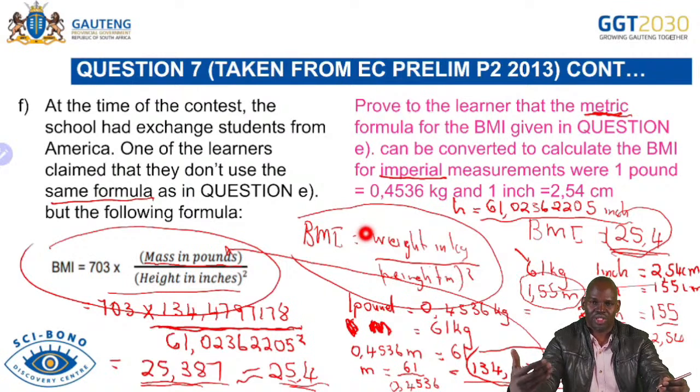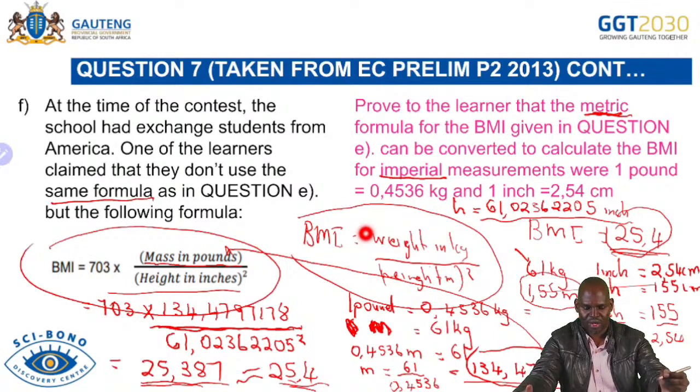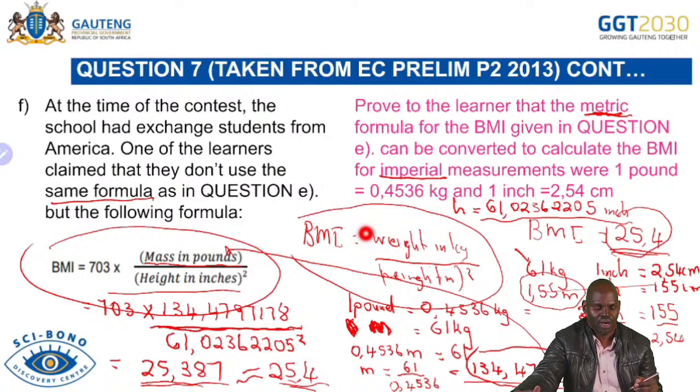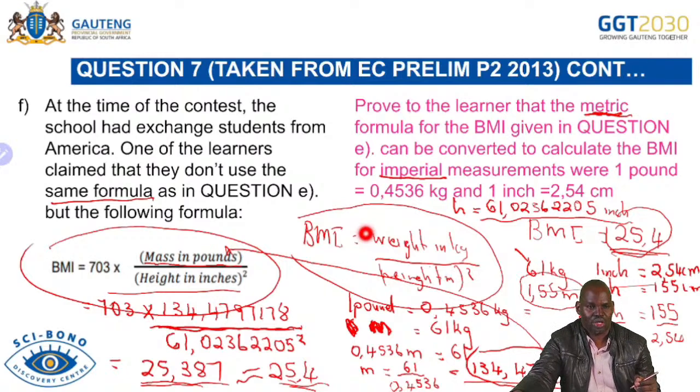You need deep thinking, and you need to strategize, know how to approach a question like this one, so that in the end you answer what you're supposed to answer. So indeed, we have proven that the imperial formula also gives us the same answer.